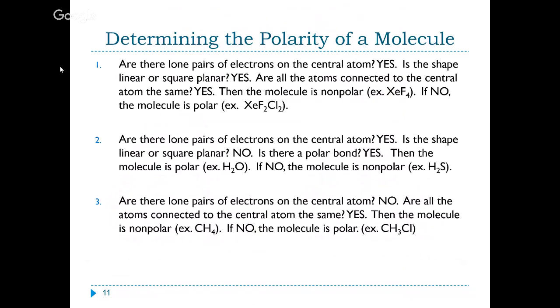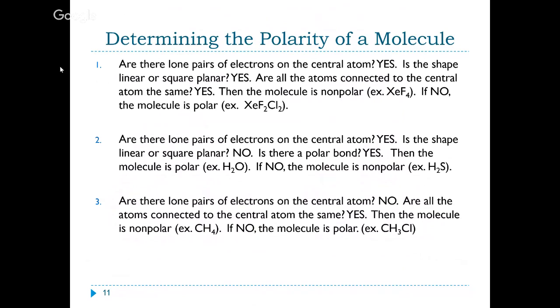So really, after you draw your Lewis structure and you identify your shape, you can ask yourself a series of questions. So we can look at, are there lone pairs of electrons on the central atom? The answer is either yes or no. So yes, there are. Okay, is the shape linear or square planar? Yes, it is. Are the atoms that are connected to the central atom the same? And what I'm saying here is not, are the atoms the same as the central atom, but are the atoms that are connected to the central atom the same?